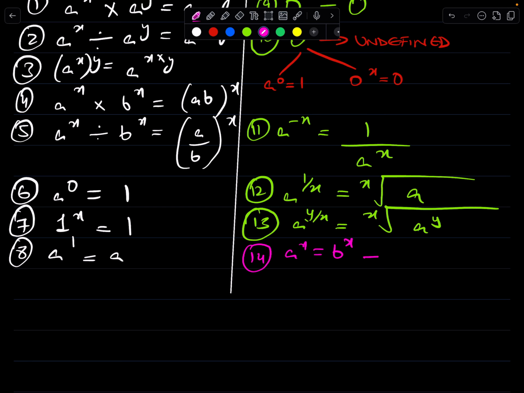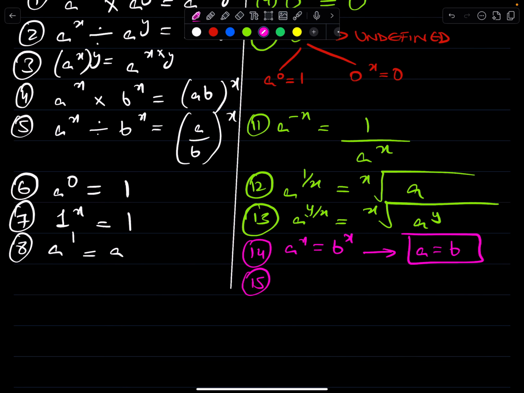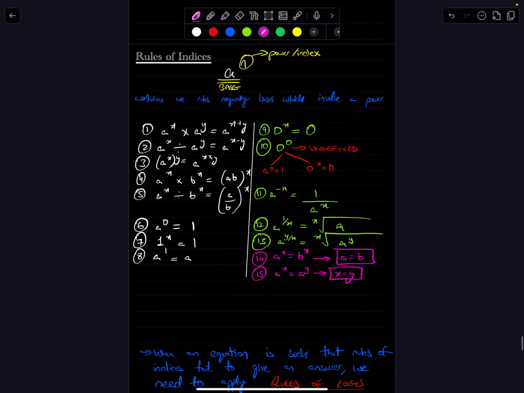In such a case, we will cancel out the powers and equate the bases. Similarly, what if we have the same bases but different powers? In such a case, we'll cancel out the bases and equate the powers. So, these are the rules of indices.